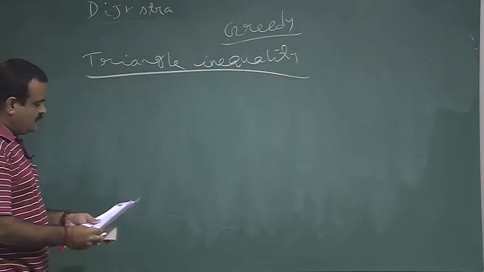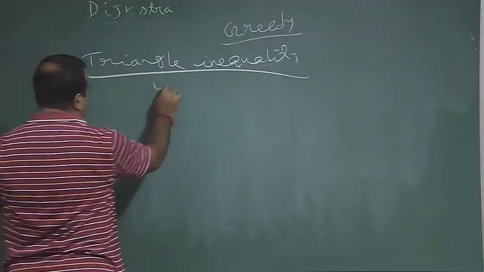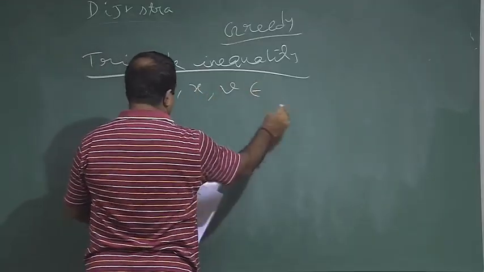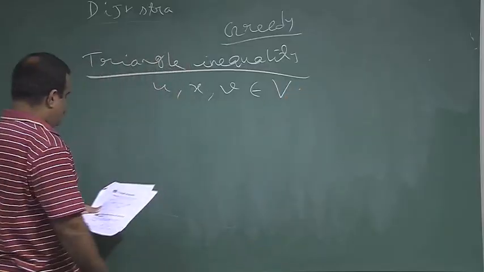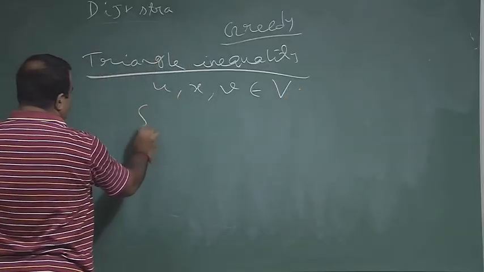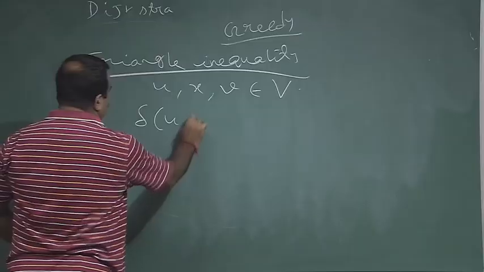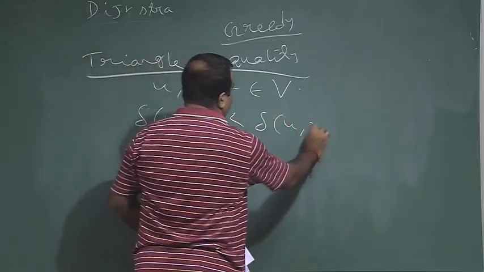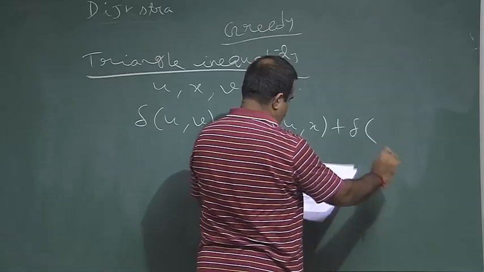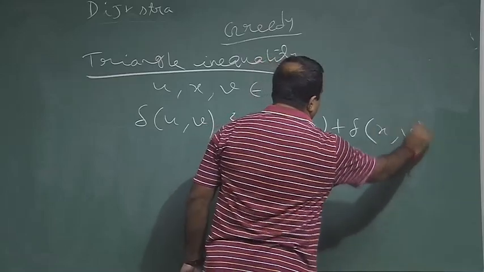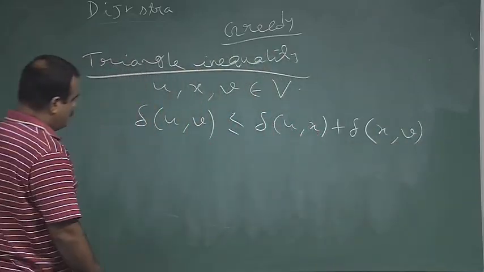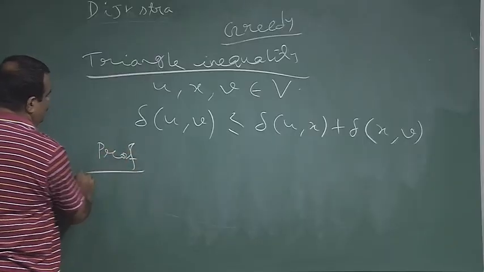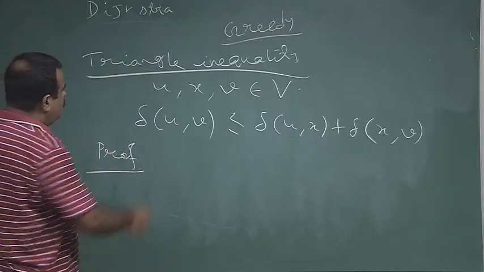So, what is the triangle inequality? Suppose we take 3 vertices u, x, v belonging to V. It says delta(u, v) is less than or equal to delta(u, x) plus delta(x, v). This holds for any 3 vertices u, x, and v.